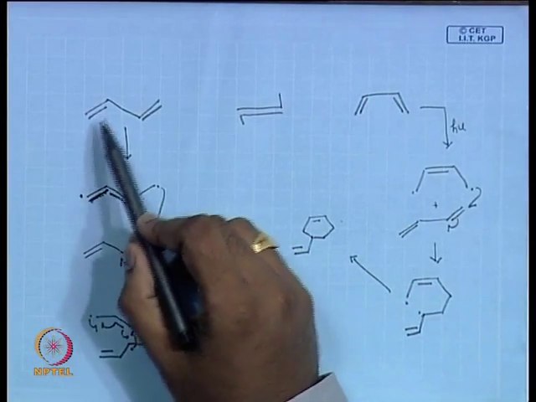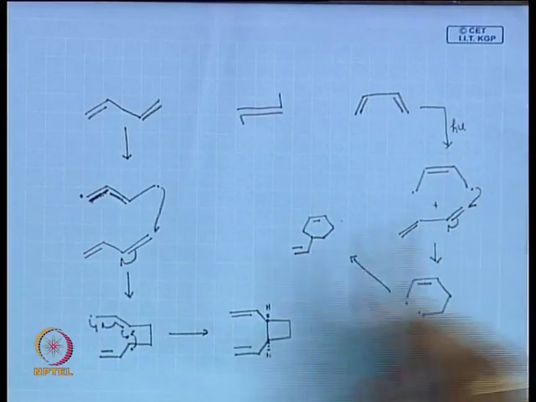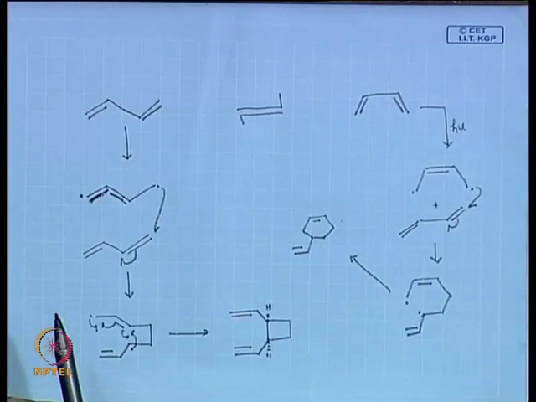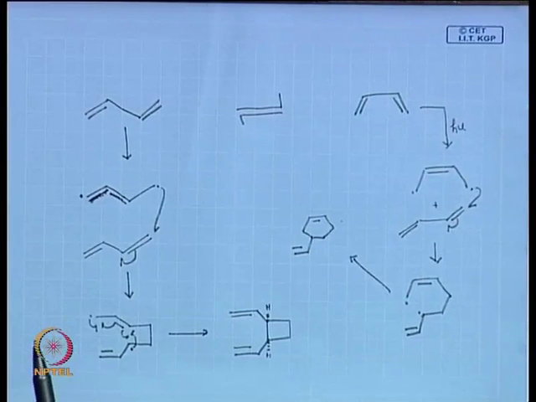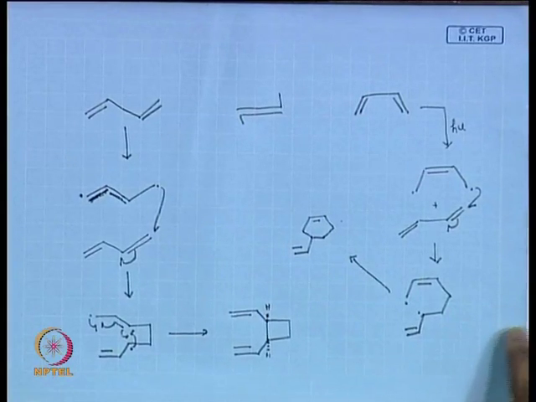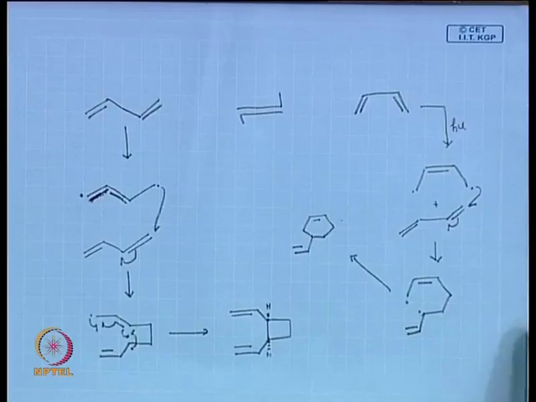So, just know that it has both the forms, transoid and cisoid. So, based on that you have to do the addition. I am not doing anything, just adding across the double bonds, that is all. Fine. Any doubt? Okay.